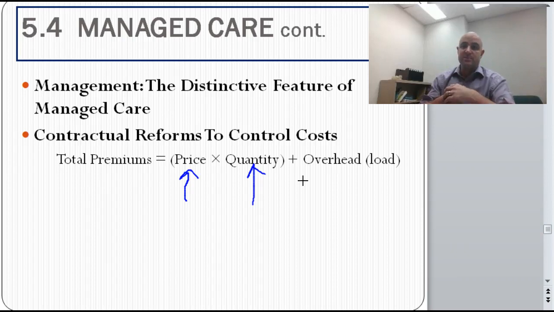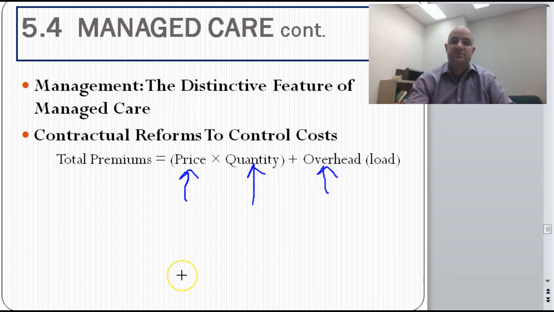This is by limitations on network, referrals, review, prior authorization, all that. The third way is overhead. This is a little outside the manager's scope, but they can try to get the organization to restructure or work on economies of scale to be a little more efficient.